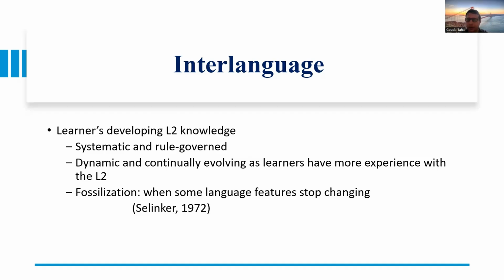And the analysis of the interlanguage process that we go through in our journey of learning a second language has found some features. This stage of language learning is systematic and it's rule governed. And also, it is dynamic because it's evolving all the time.